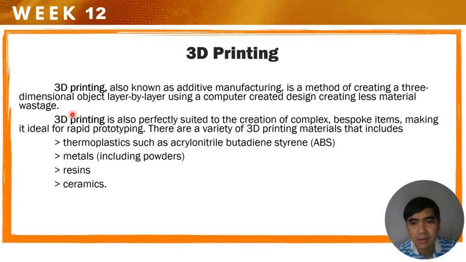creating less material wastage because 3D printers are often run by computer systems. Next, 3D printing is also perfectly suited to the creation of complex bespoke items, making it ideal for rapid prototyping.